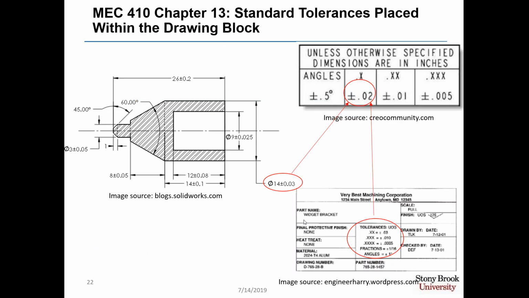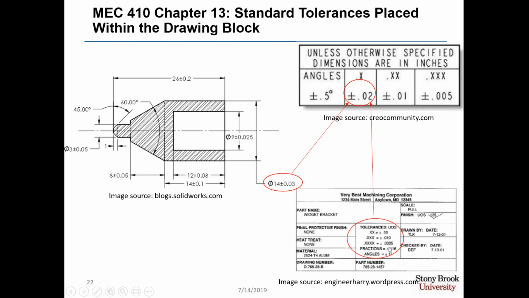When you do a drawing, you can place standard tolerances within the drawing block, as shown down below. This drawing block says that if you go with 2 decimal places for your dimension, by default the tolerance is 0.03 inches. If you go with 3 decimal places, by default the tolerance is 0.010 inches. If you go with 4 decimal places, the tolerance by default is 0.0005 inches.